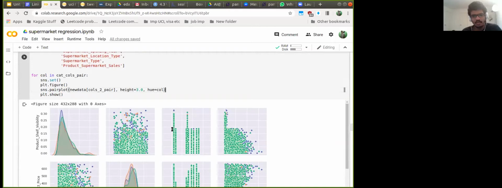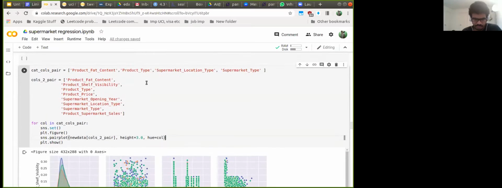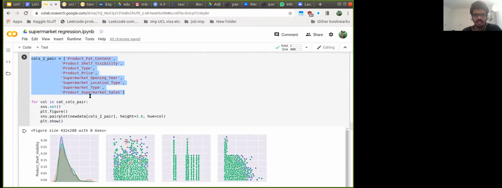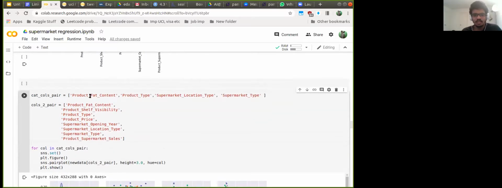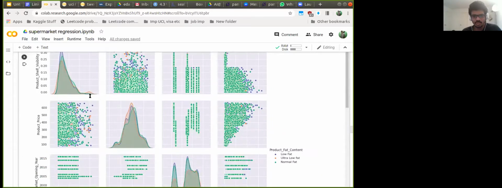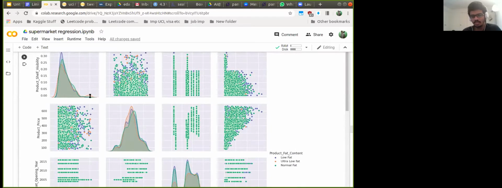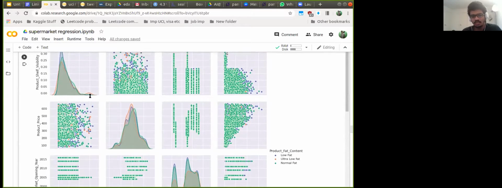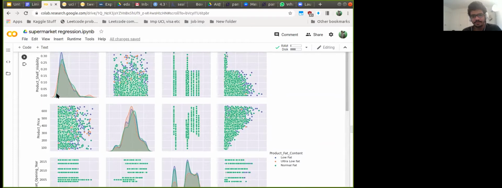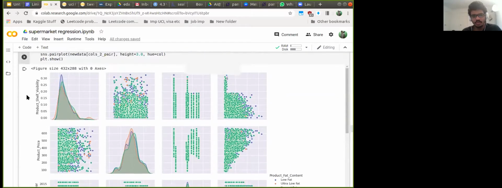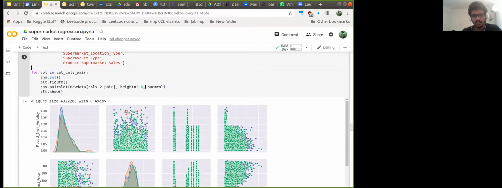I have mentioned the numerical columns, so the pair plot will basically plot the numerical categories, and what we can do here is provide a hue.